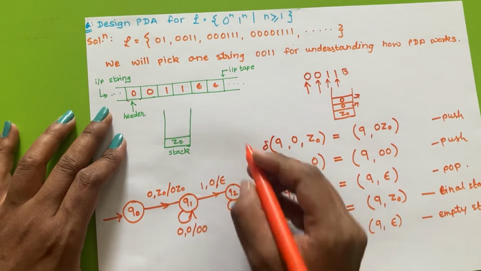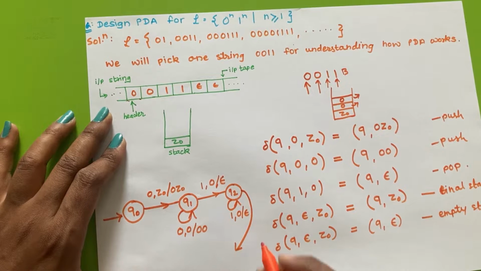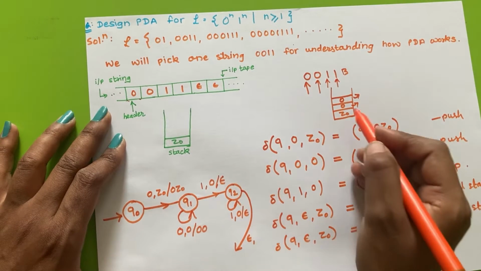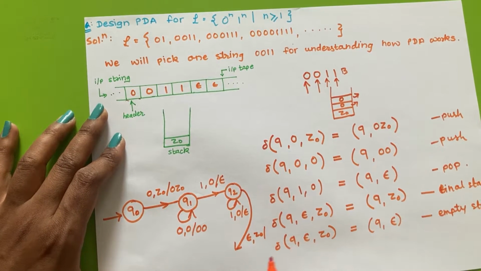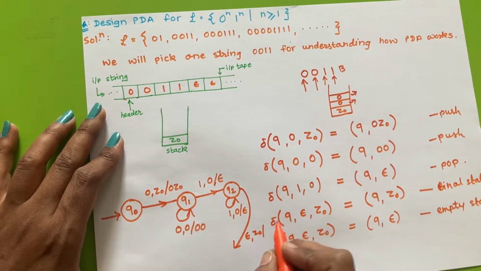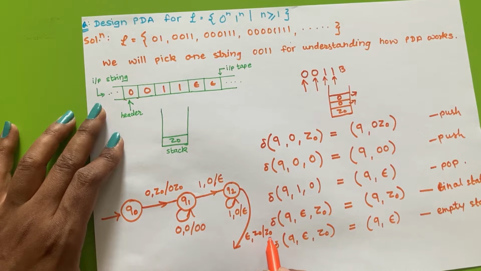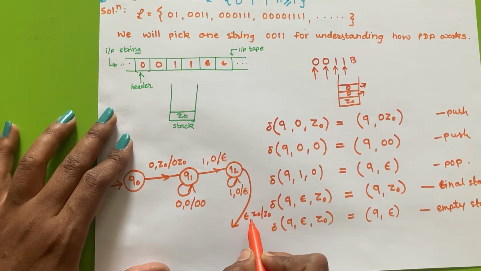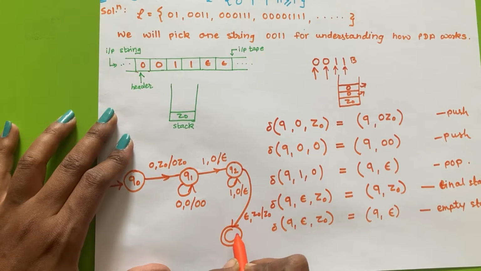So the next transition is: if we are reading empty and at that time the top of the stack is Z0, then we perform no operation, that is, acceptance through final state. Then we go to the final state. That will be represented as empty, Z0 Z0. This will be my final state, that is QF.